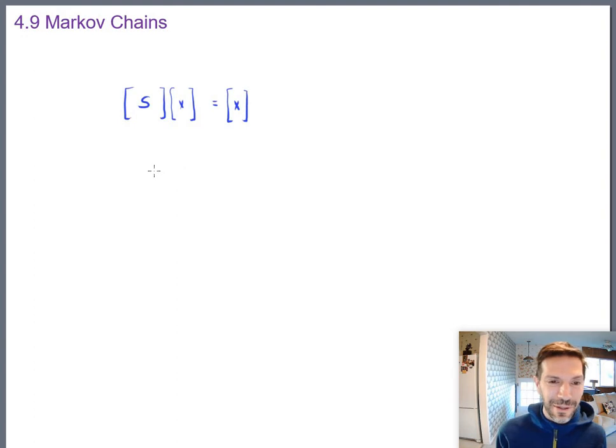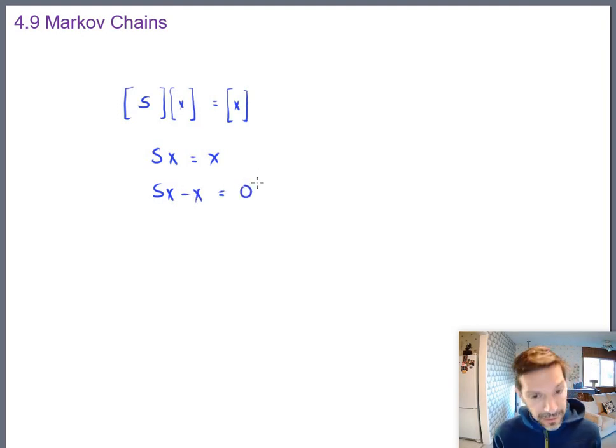That's essentially what we're looking for. I'm going to drop the vector and matrix brackets, now that we understand what we're talking about, and say we are trying to solve this equation. Let's do a little matrix algebra. Let's say Sx minus x equals 0. Of course, this will be a 0 vector over here, not the number 0. I can factor the x out of this.